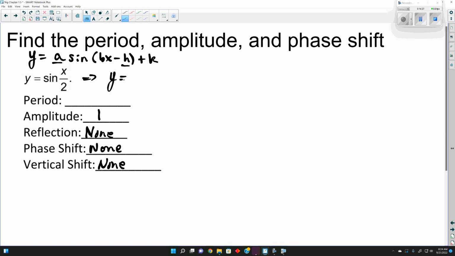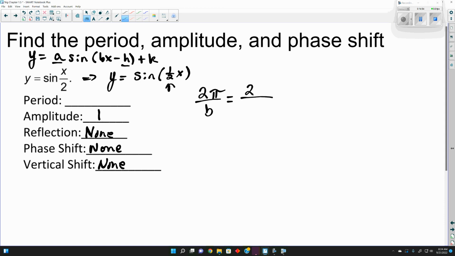Another way we can think of this is y equals sine of 1/2 times x. So the value of b is what? 1/2. And our period is given to us by the equation 2 pi over b.